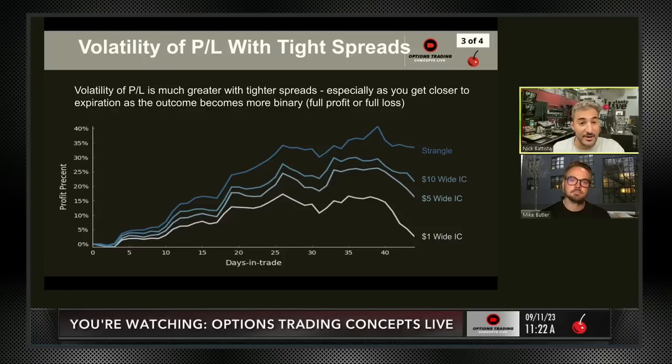It does come down as you get closer to expiration, because we know, and the reason why we manage positions is because you can only make so much and you can lose that full value plus the profits on the table. So as you get closer to expiration, all strategies will have a much more volatile P&L. But you can see with the wider spreads, it's significantly less volatile than the $1 wide spreads, which is why we tend to widen those spreads versus increase contracts.